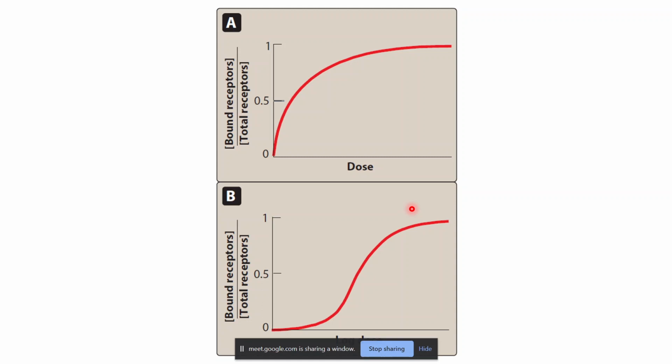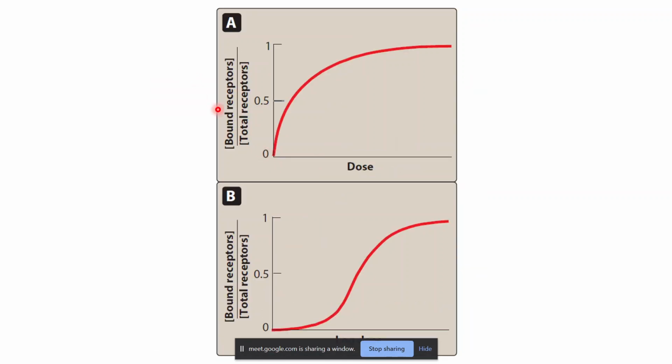So if we suppose that the binding of one drug molecule does not alter the binding of subsequent molecules, and apply the law of mass action, we can mathematically express the relationship between the percentage of bound receptors and the drug concentration.